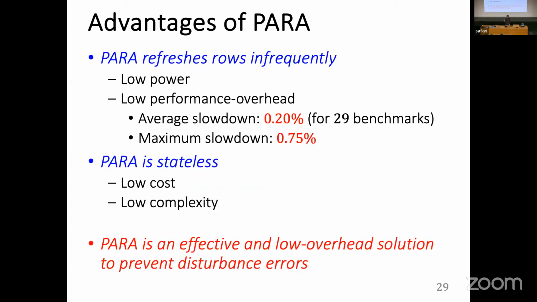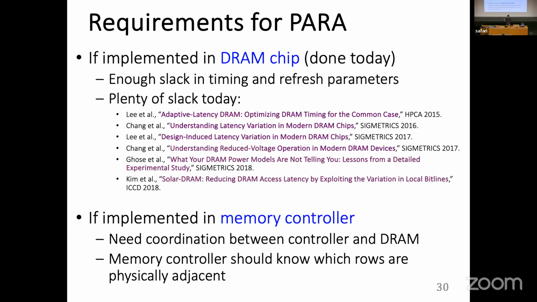So the advantages of PARA are that it's very simple, it's stateless, and its security guarantee can be mathematically proven. So it's effective and low overhead, and that's why it was adopted by the industry very soon.